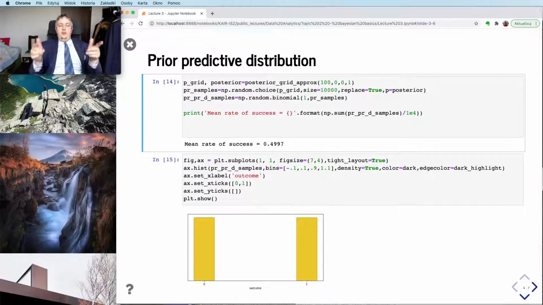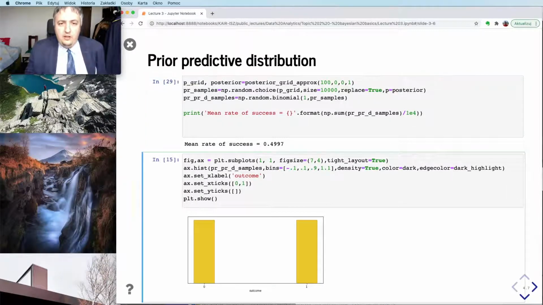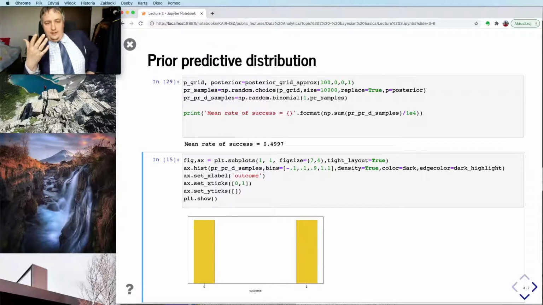Using the prior predictive distribution, setting the prior in this case, which was the uniform prior, we are able to establish the rate of success, so we can observe what kind of data we can expect. And our model tells us that we expect the outcome of our model to be either 0 or 1 with half probability.